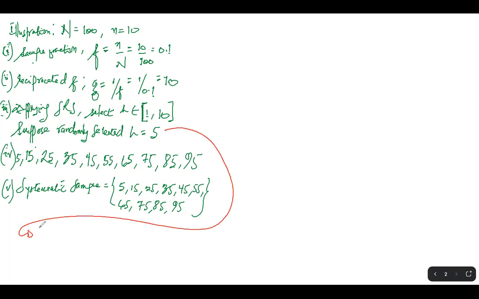Now, suppose H is 2. All right. Then we would have the following. It means that, again, your H becomes your starting point. Okay. And from H, we count the gth other person.